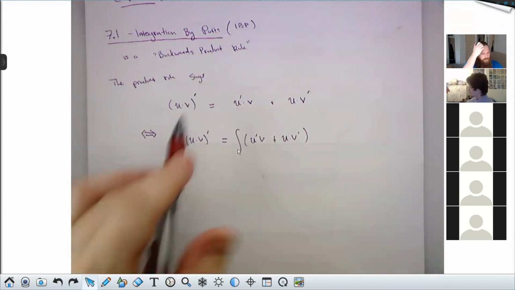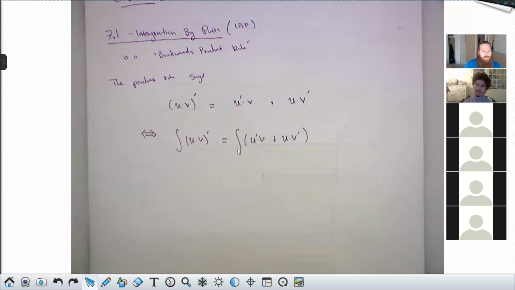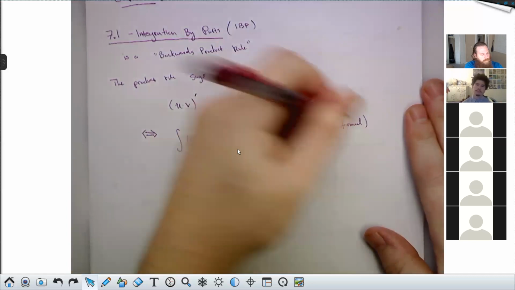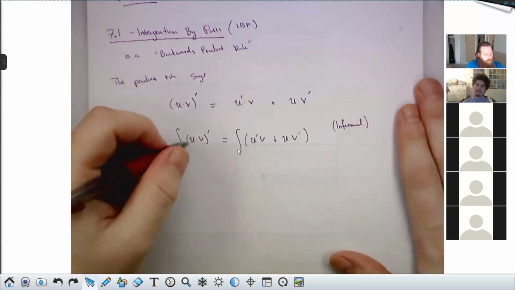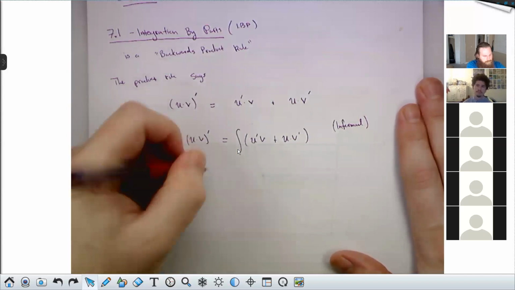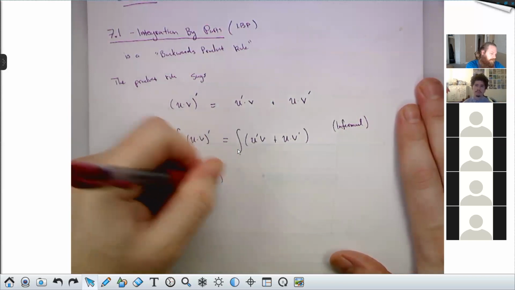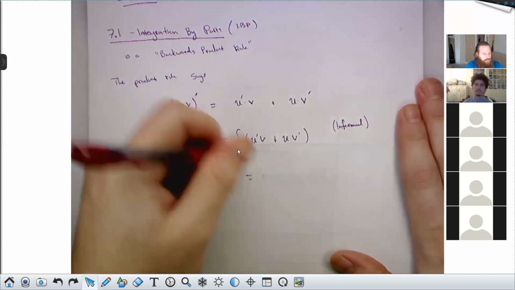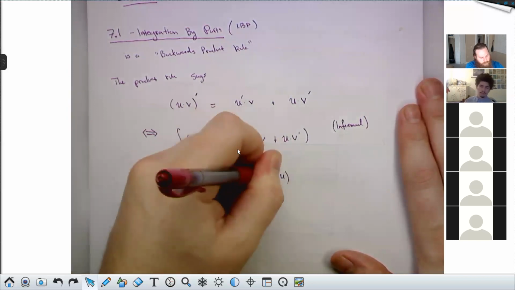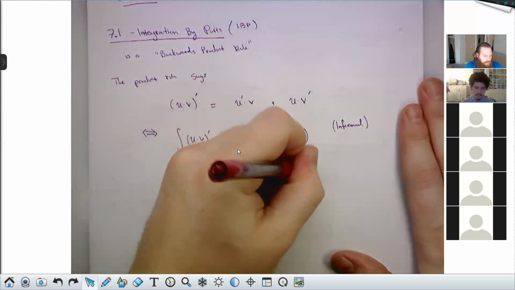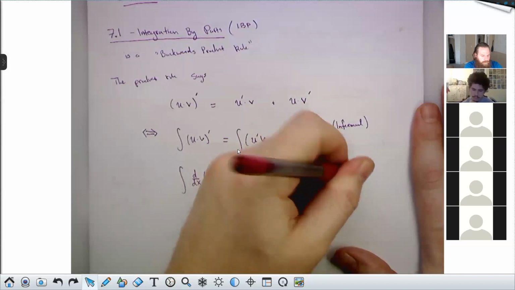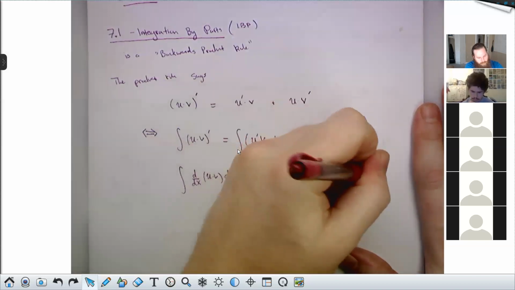Now the implicit thing here is that the variable is x, so this is kind of informal. Really what I'm saying is that the integral of d/dx of u times v dx is equal to the integral of d/dx of u times v dx plus the integral of u times d/dx of v dx.